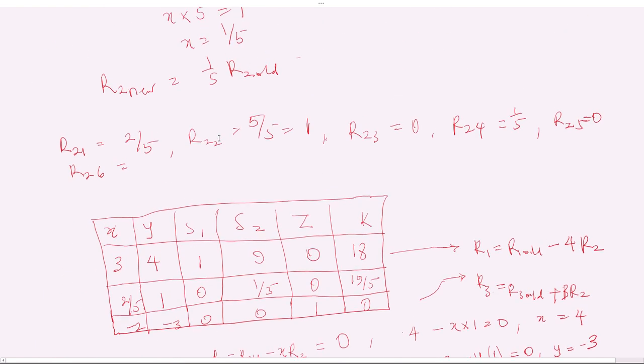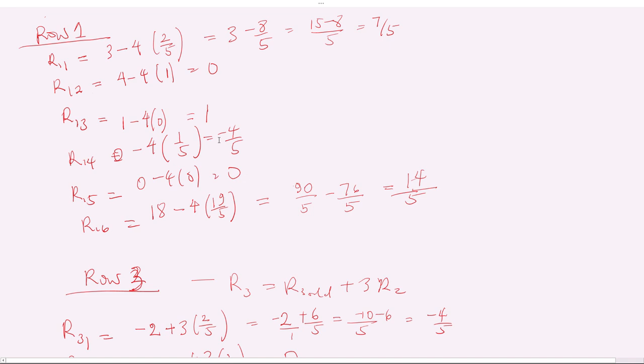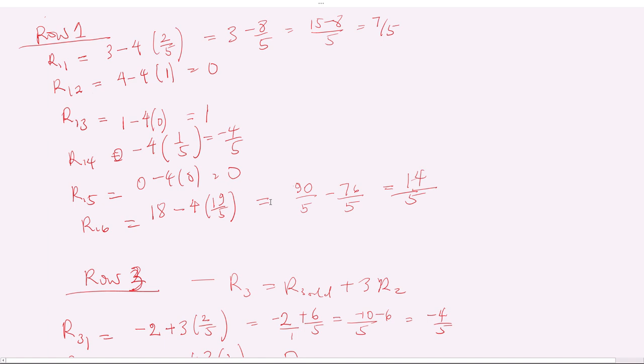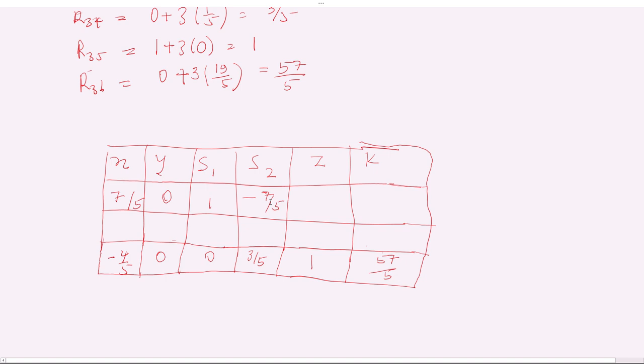The second row, column 0, 1, minus 4 over 5, 0, 14 over 5.